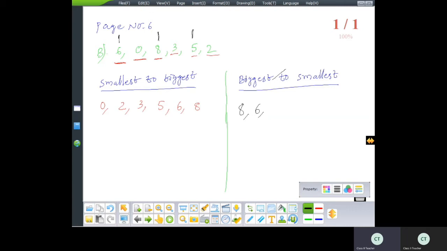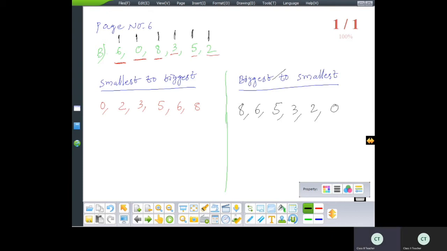After 6, 5. After 5, 3. After 3, 2. And the final number is 0. Numbers from biggest to smallest are 8, 6, 5, 3, 2, 0.